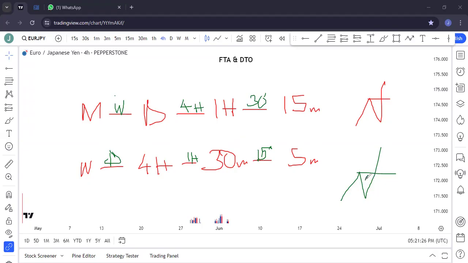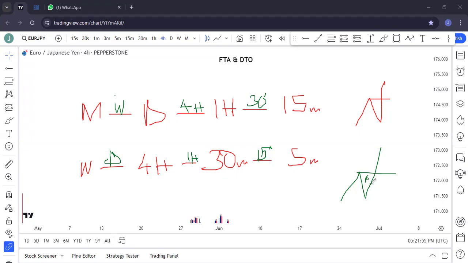This is the 4-hour structure. So you find a break in this 4-hour structure like this. To confirm that the price has really broken this high, you have to go to the higher time frame that is not appearing in the series you are using to confirm the break here.